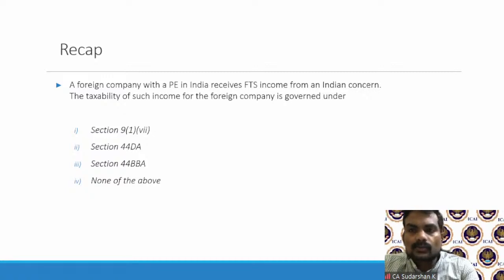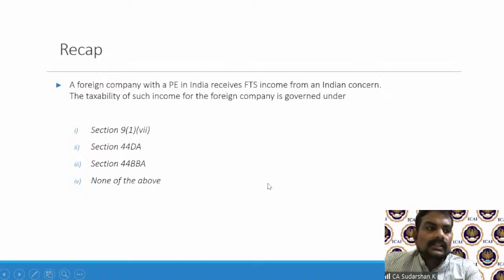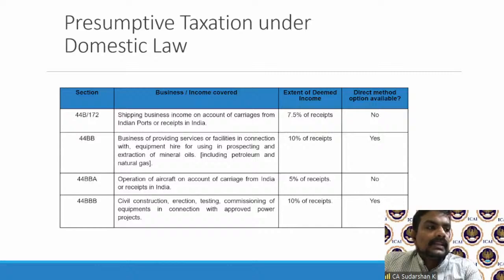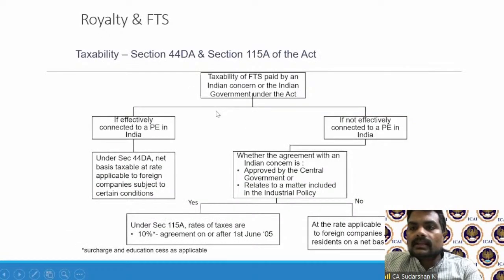So I wanted to get an answer from you as to how you feel the income will be governed under the Income Tax Act for this foreign company which has a PE in India. This is basically an additional variant which we saw in the last class: a foreign company which has a PE in India, and it gets fees for technical services.